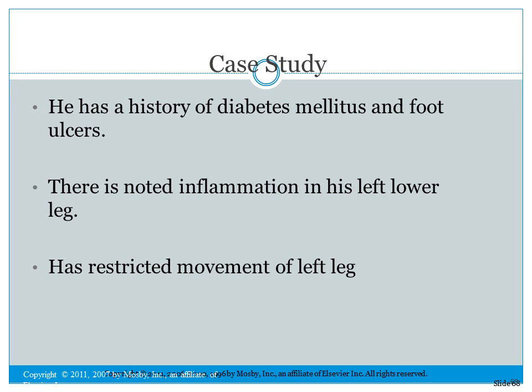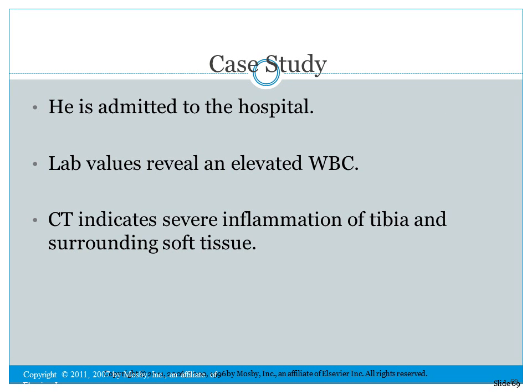He's a diabetic, and he's got a history of foot ulcers. Again, poor hygiene. You observe noted inflammation in his left lower leg, and the individual presents with guarding of the left leg. He's got restricted movement, and it appears painful, and he stated it is painful.